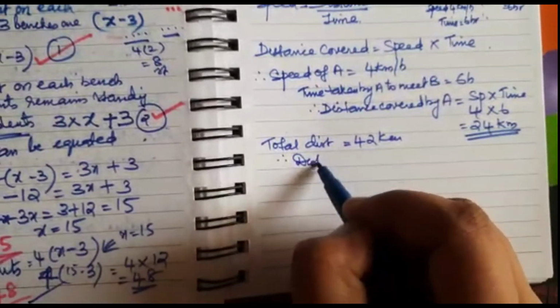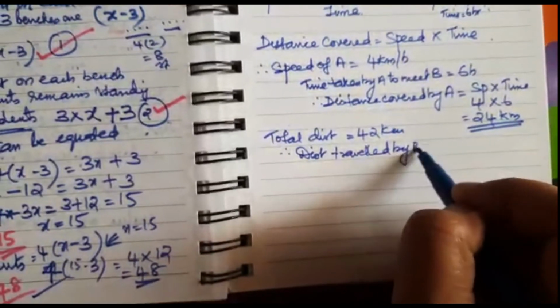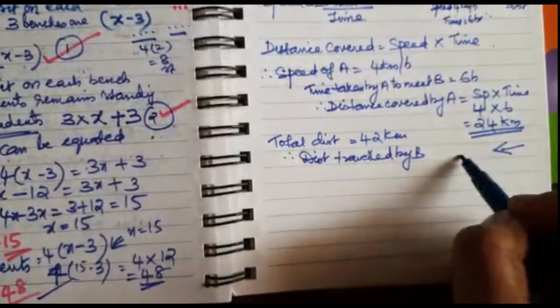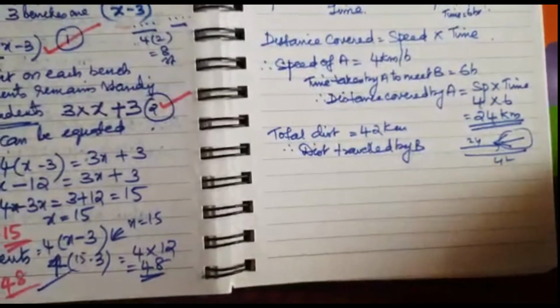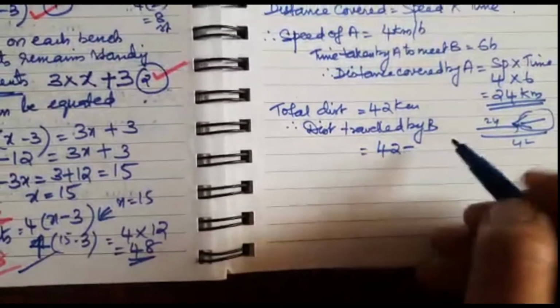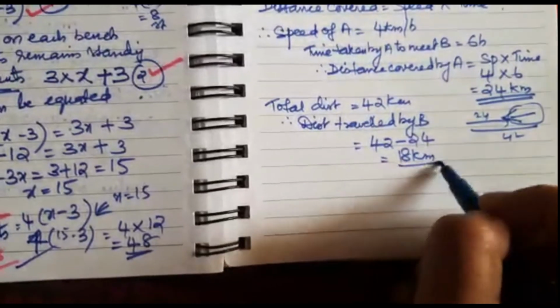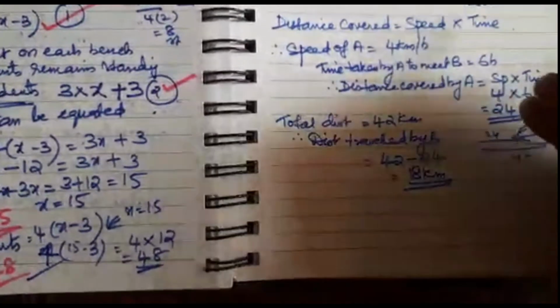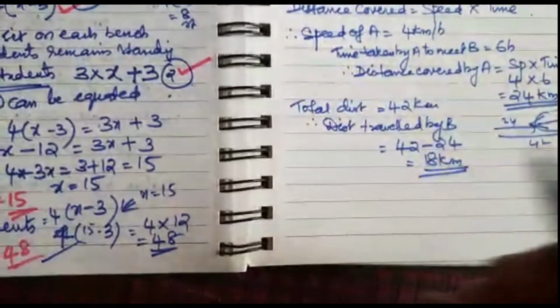Therefore the distance traveled by B from this side, this one took 24, so total is 42. So what about B? B will be 42 minus 24. How much is it? 18 kilometers. So this is 18, you got it. Now time is this one. So what is the speed?